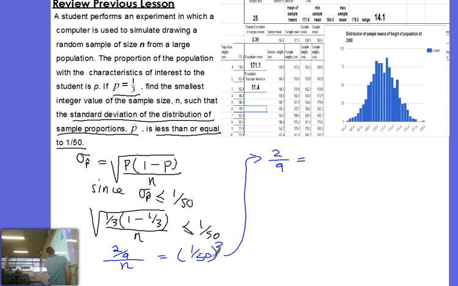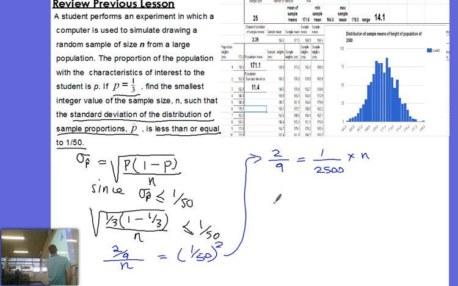Now what's the square of a 50th? 2,500. So 1 on 2,500. And if we multiply by n over to the right hand side to get it out of the denominator, we multiply it on both sides, so it's over here now, and we can then times by 2,500.